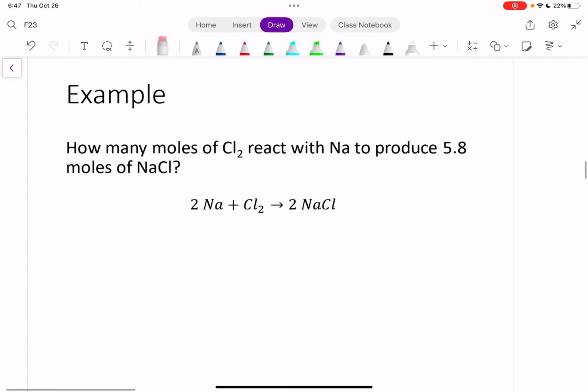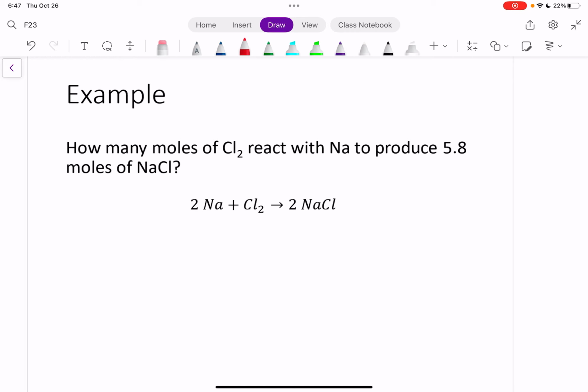So let's see this in action. This question says, how many moles of Cl2 react with Na, sodium, to produce 5.8 moles of NaCl? How many moles of Cl2 from 5.8 moles of NaCl?